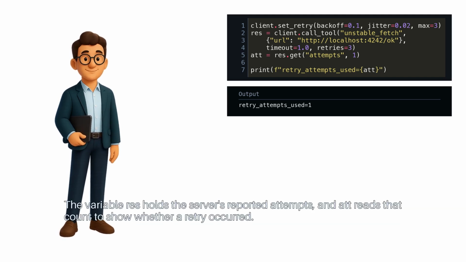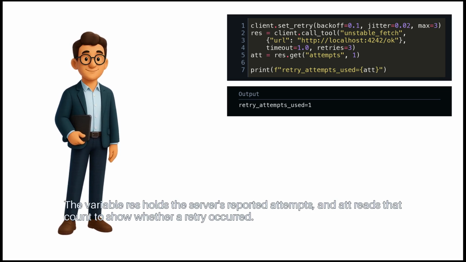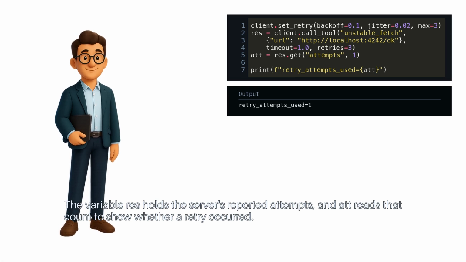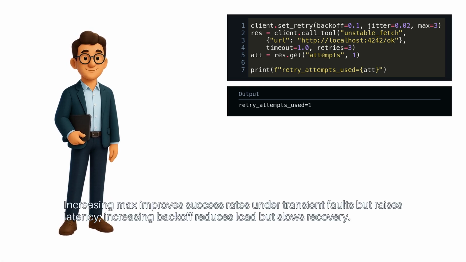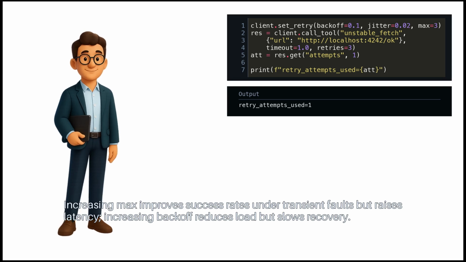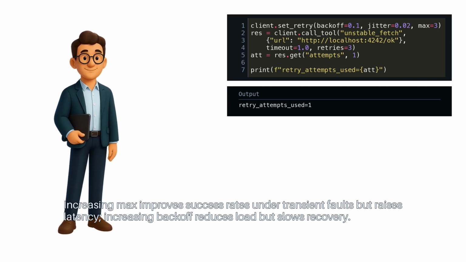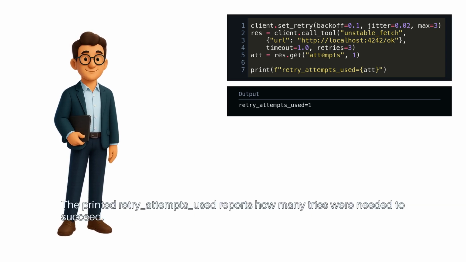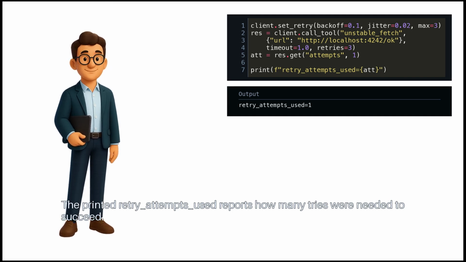The variable res holds the server's reported attempts, and at reads that count to show whether a retry occurred. Increasing max improves success rates under transient faults, but raises latency. Increasing backoff reduces load, but slows recovery. The printed retry attempts used reports how many tries were needed to succeed.